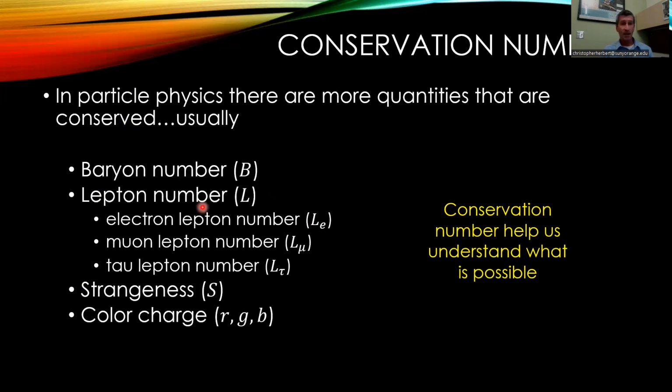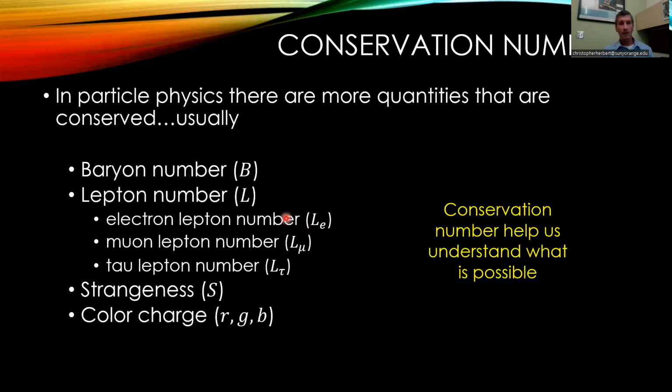In fact, inside the lepton number, we sometimes will see conservation of the electron lepton number, the muon lepton number, and the tau lepton number. But the neutrino gives us an interesting breaking of the symmetry, and the fact that neutrinos oscillate means that these numbers are not always conserved.